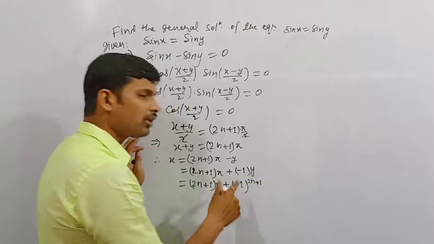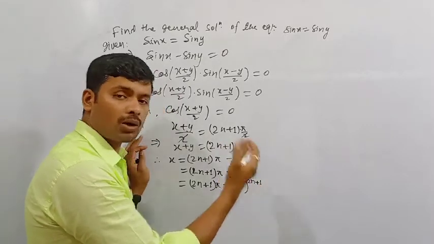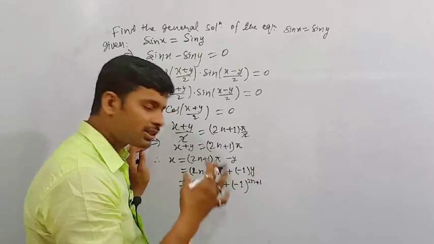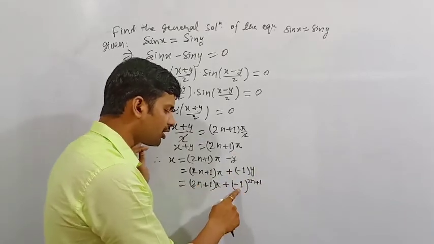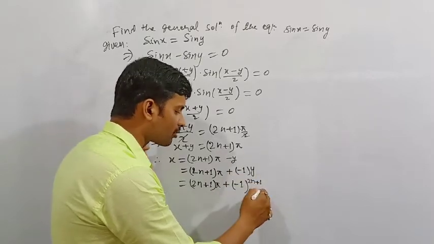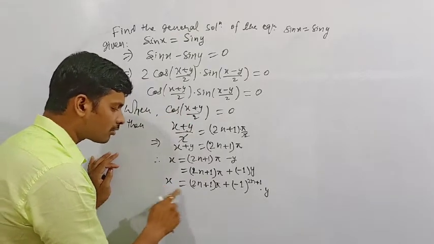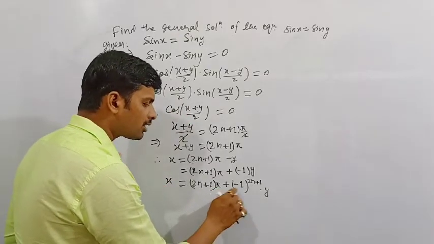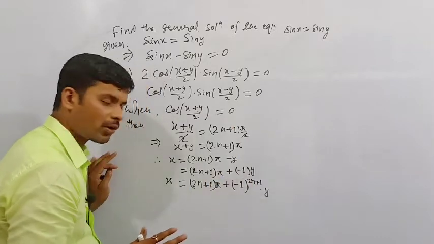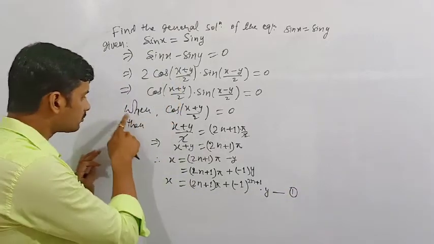Because if we raise any negative number to any odd power, it will always give a negative result. So minus 1 can be rewritten as minus 1 raised to the power of a general odd number, that is 2n plus 1, into y. So we have x equals (2n plus 1) into pi plus minus 1 to the power of an odd number into y. Suppose this is equation 1.